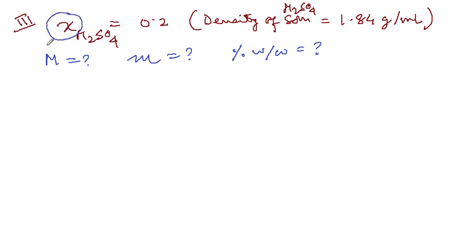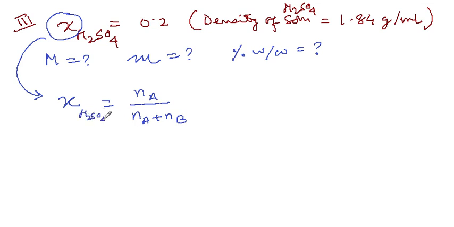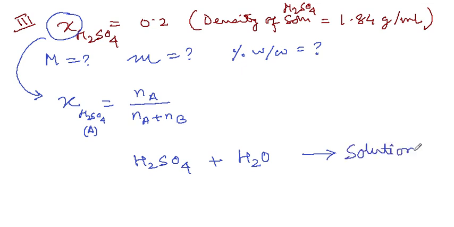The mole fraction is nothing but the ratio of the number of moles of the solute over the total moles that we have in a solution. Since we are considering sulfuric acid, the solute, we have taken the symbol A. Let's say we have the sulfuric acid and the water, which is our solvent, that gives us the solution.